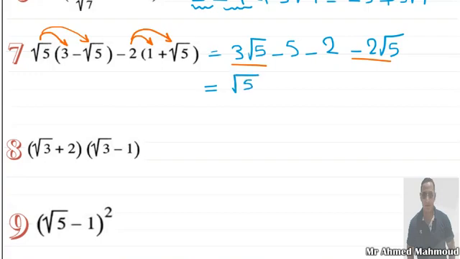And here we have negative 5 and the negative 2 equal negative 7. And this is the final answer. The next one. Here we have two brackets. Okay, I'm going to distribute root 3 among the first bracket like this.